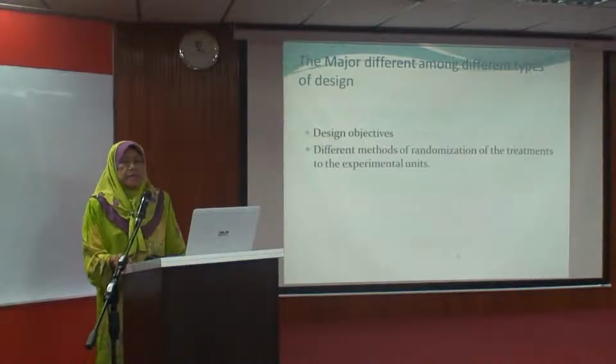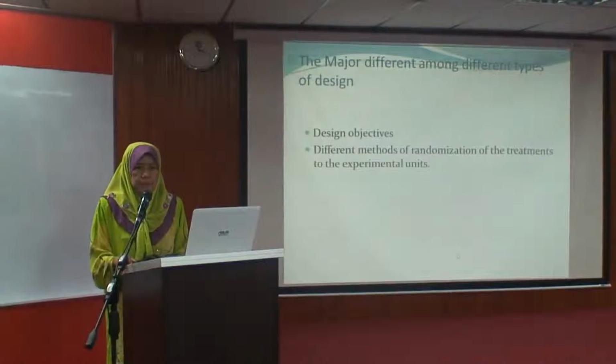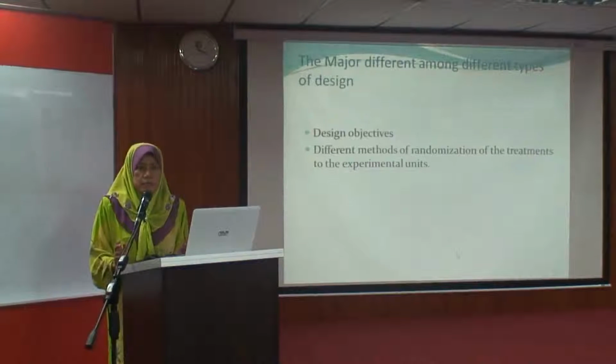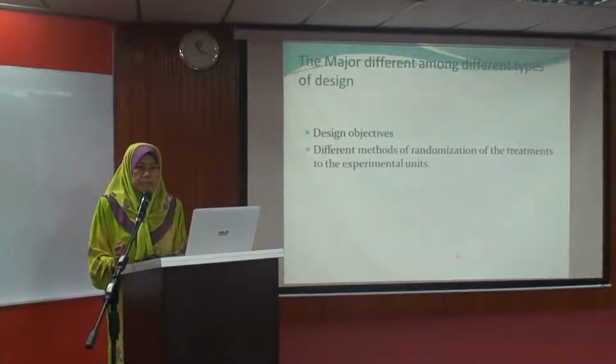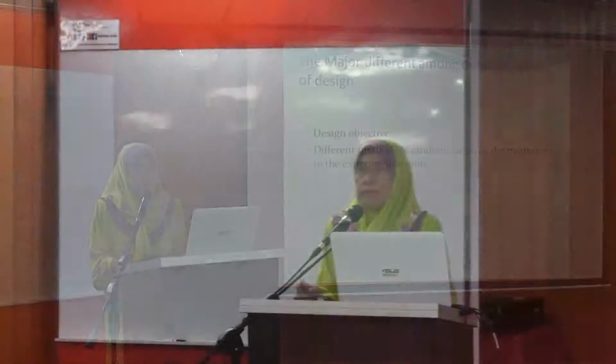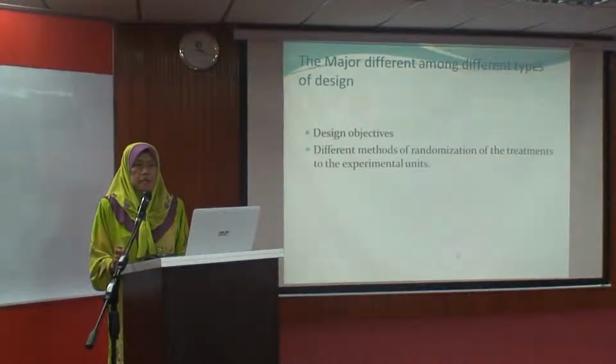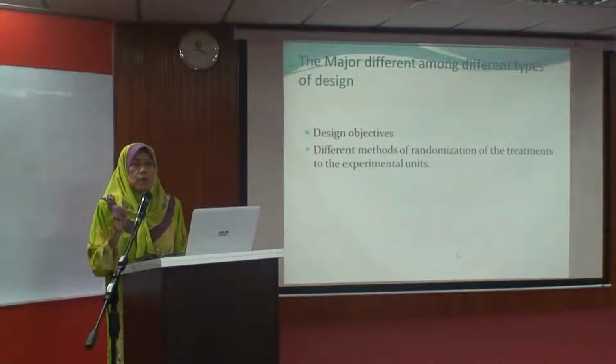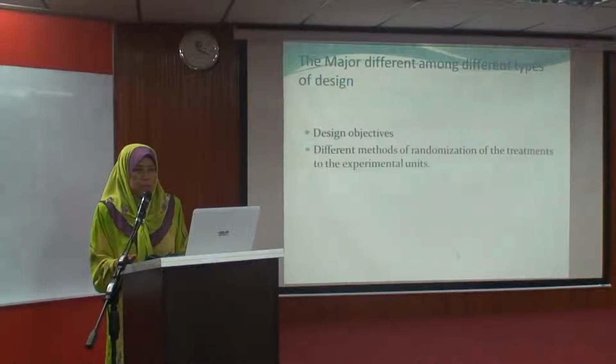Now, first let me discuss the design objective. If you have a problem, then you want to know what your design objective is. For completely randomized design, the design objective is to analyze the effect of one factor on the response variable, and there is no extraneous factor that will affect the experimental results. Now, for block design, the main objective is still the same, that is, we want to analyze the effect of one factor on the response variable.